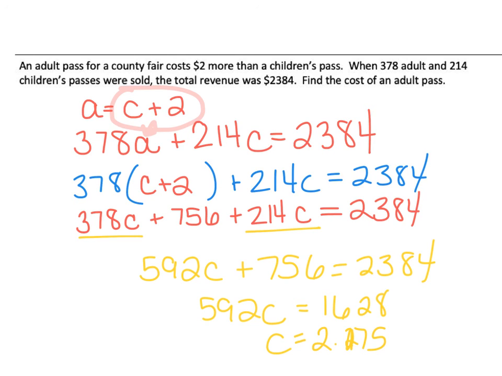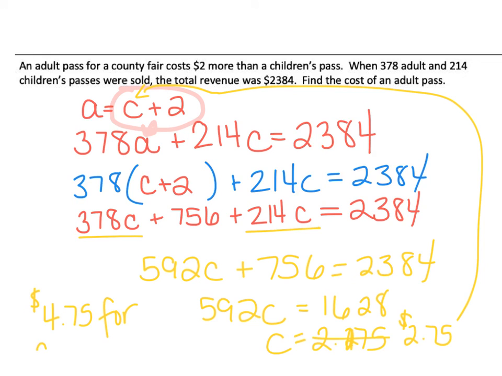So $2.75 for a child's pass, but it's asking me what's the cost of an adult's pass. So I'm going to plug this back in here for C. An adult pass is $2 more, so it would be $4.75 for an adult pass.